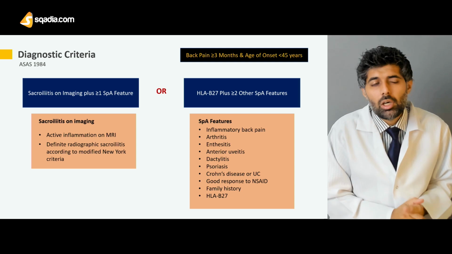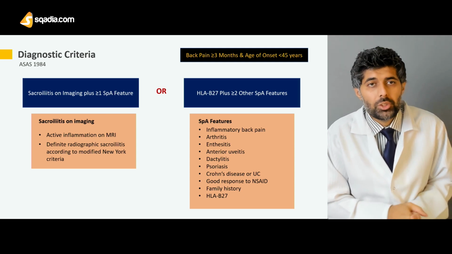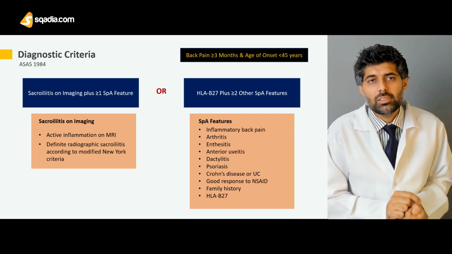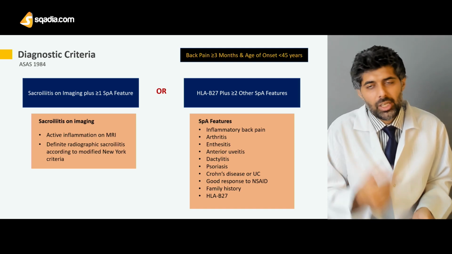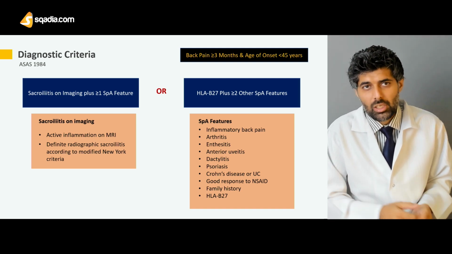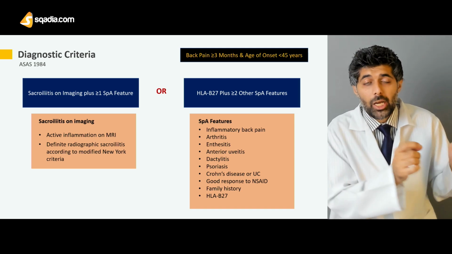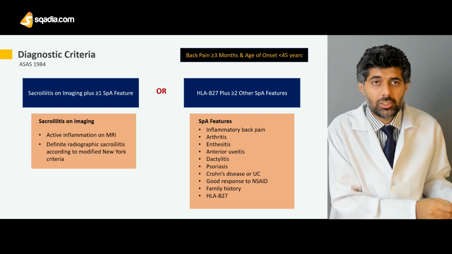So sacroiliitis on imaging plus one of the spondyloarthritis features, or HLA-B27 in the system with two or more than two of any spondyloarthritis features, can give us the diagnostic criteria in order to diagnose the patient with ankylosing spondylitis.